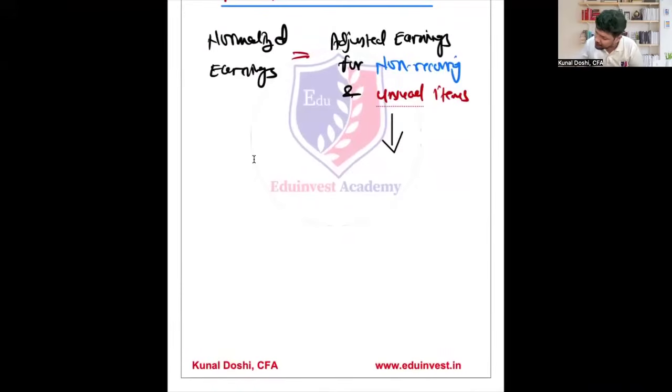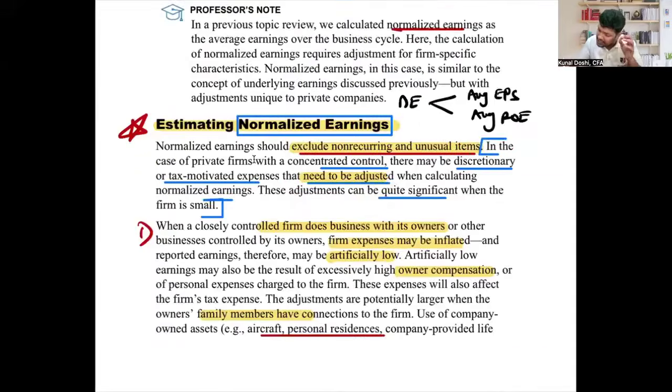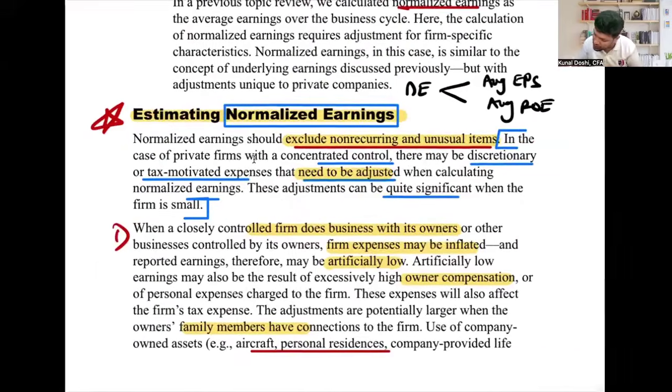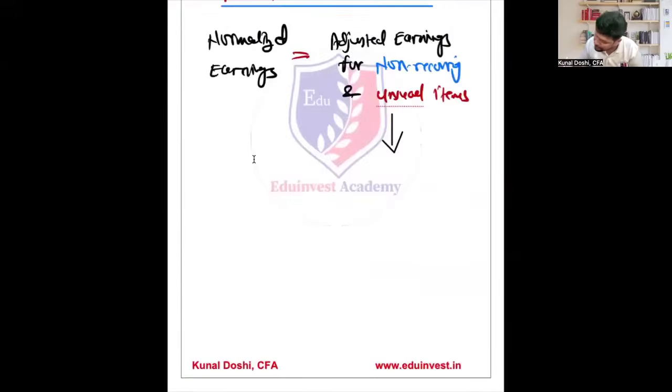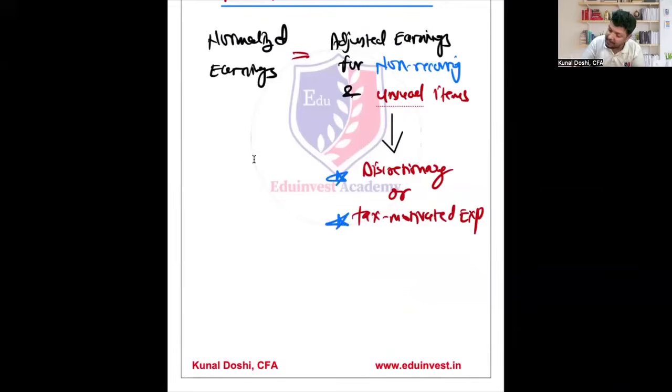We use the word discretionary and tax related motivation. Basically, the objective is to save taxes. So these tax motivated expenses will be provided to us in the question, for example, the compensation. Basically, the examples here are related to compensation being inflated or expenses being inflated, correct?